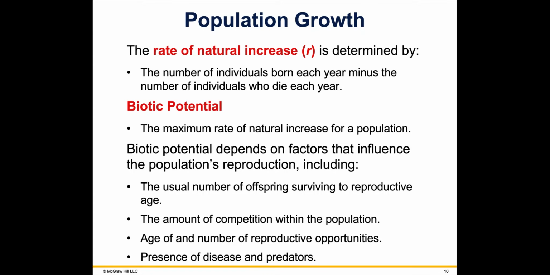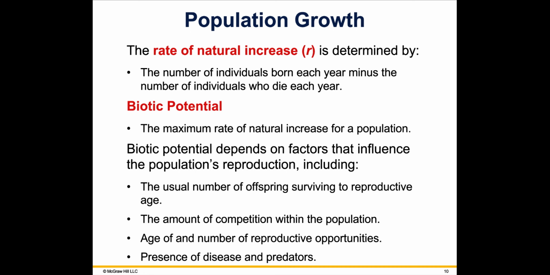Which can also give us some information about population growth. There is a mathematical way that ecologists model population growth. For our class, we are not going to spend too much time on that mathematical equation.